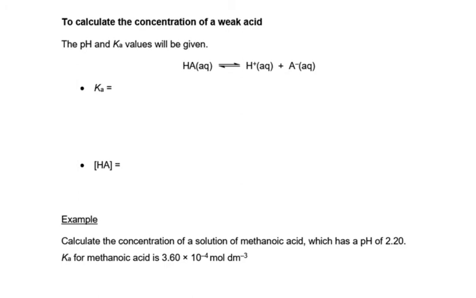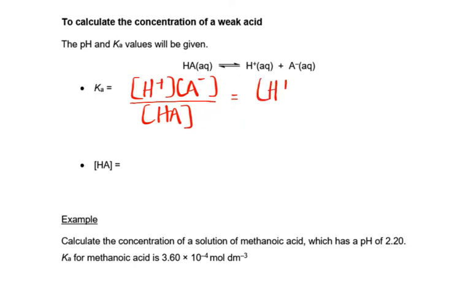Variation on this calculation. Here we're going to work out the concentration of the acid rather than working out the pH. So back to our Ka expression. Remember, we were saying that we can simplify to this, and we now want to make HA the subject of the equation.